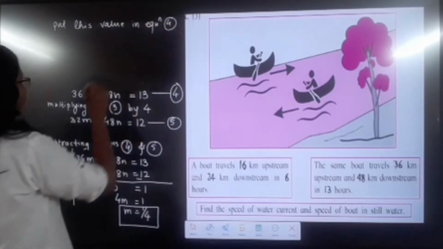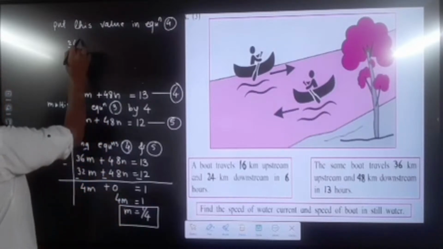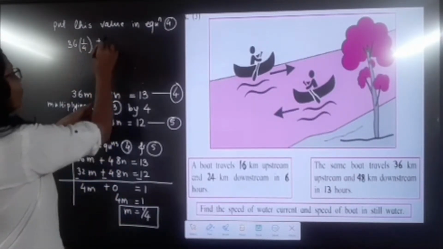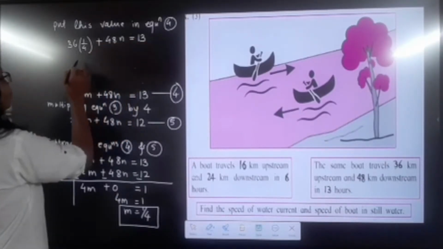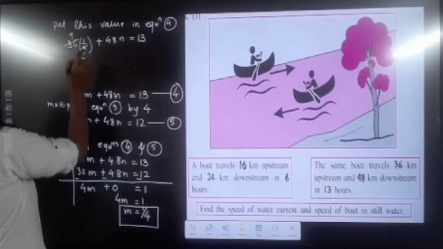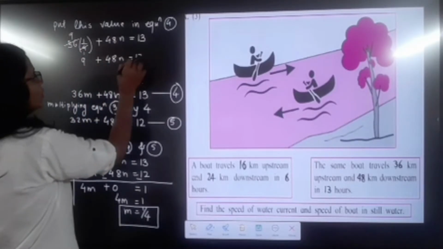Okay, so 36 times m, that is 1 upon 4, plus 48n is equal to 13. So 4 nines are 36, so 9 plus 48n is equal to 13.